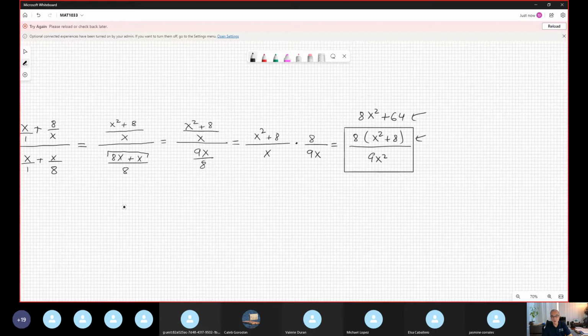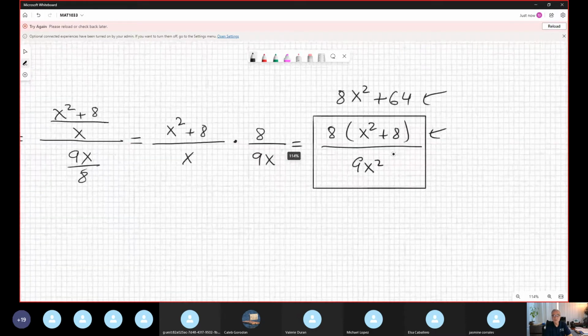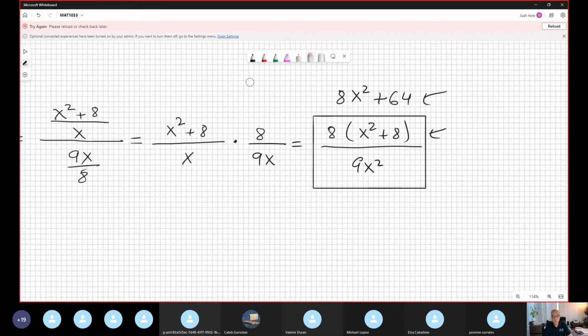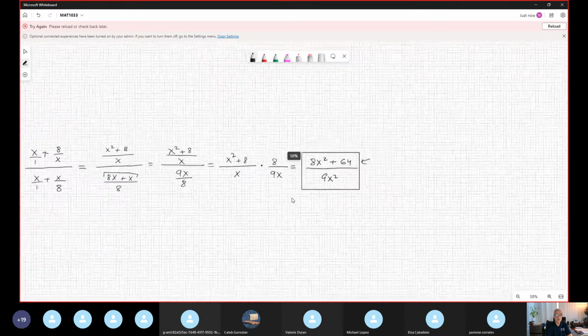But the better option is this. Let me zoom. That multiplication: 8 times x, 8x squared, plus 8 times 8 is 64. Boom. Okay, the option B. You follow me?